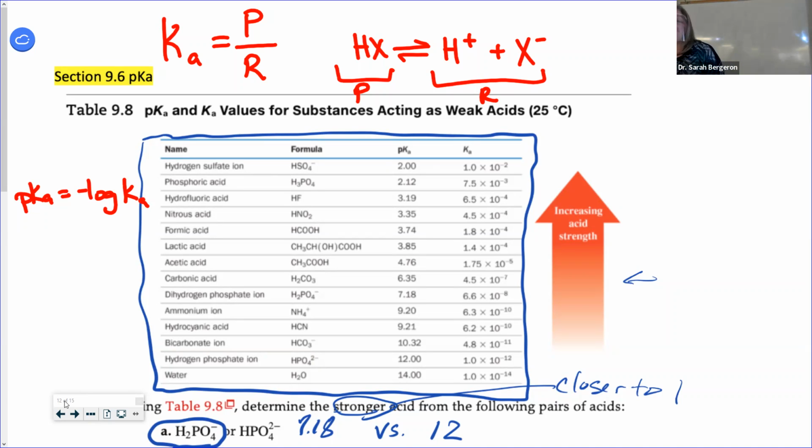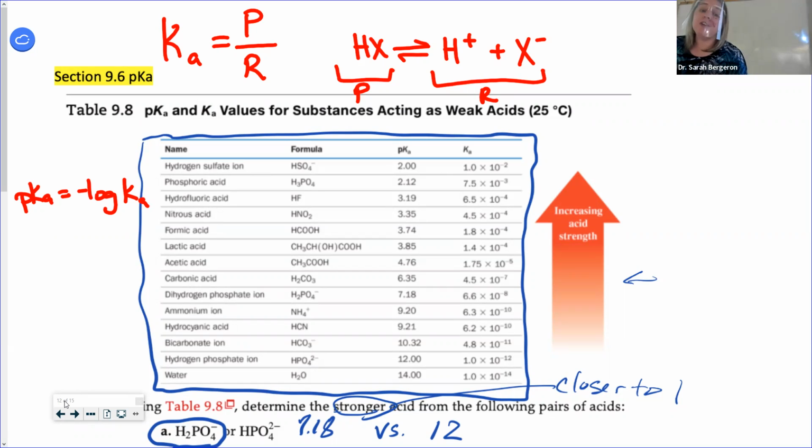So we can look at the pKa or the Ka values and make predictions about our acids. So I want you to look at that strongest acid on this weak acid chart, the hydrogen sulfate ion, HSO4 minus. It has a pKa of 2. That is really close to 1. So what is that telling me about my reaction?